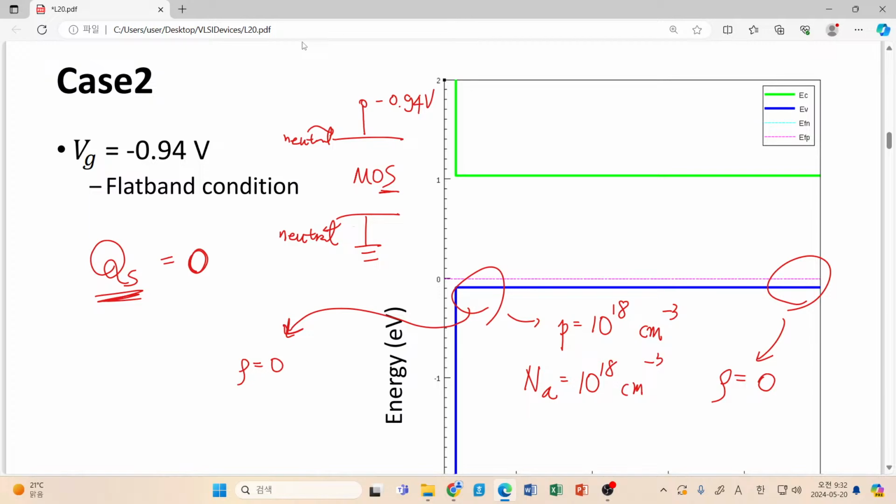Starting from this neutral voltage, if we apply additional voltage, that will introduce positive charge to our gate. And if we apply a voltage even lower than this neutral voltage, then we will have a negative charge in our gate part. So this flat band is the starting point of our whole discussion. That is an important difference between a normal capacitor and a MOS capacitor.